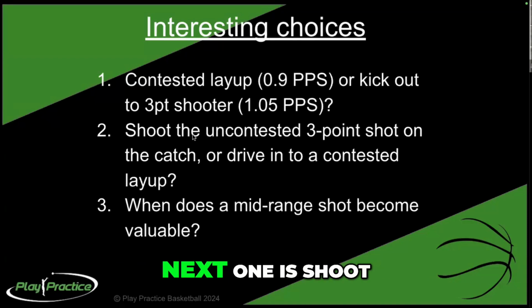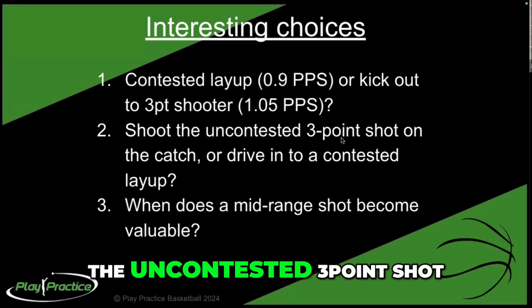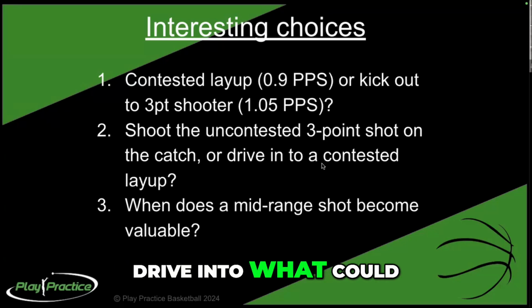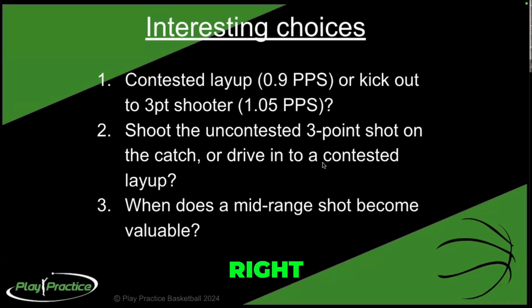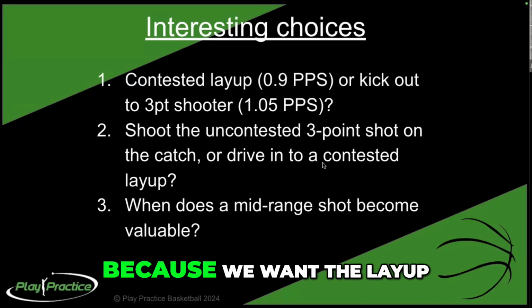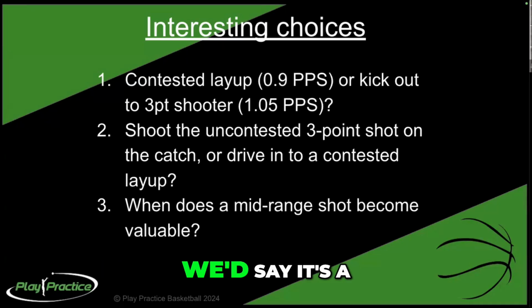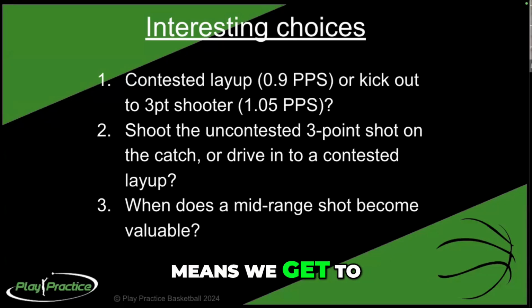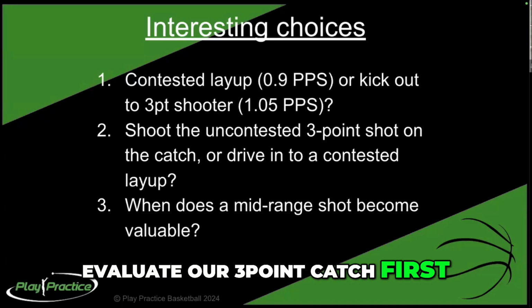The next one is shoot the uncontested 3-point shot on the catch or drive into what could be a contested layup, right? Players have a lot of trouble with this one because we want the layup, right? We'd say it's a higher value points per shot on the layup, but the decision tree means we get to evaluate our 3-point catch first, right?